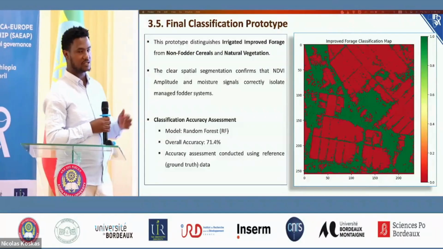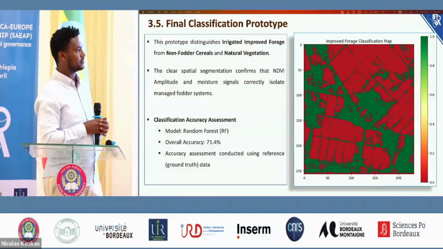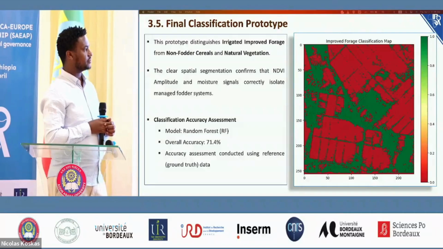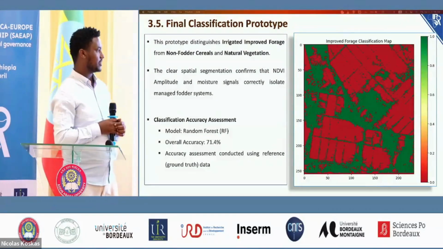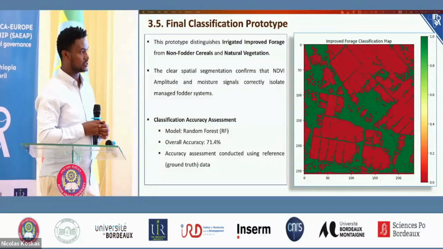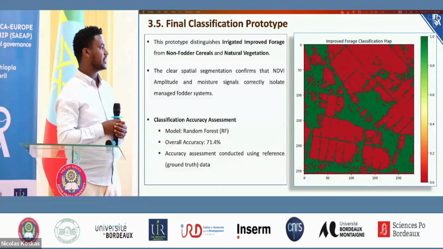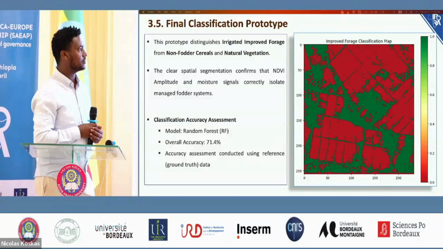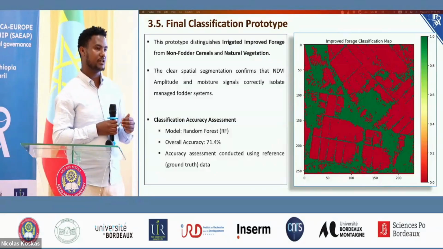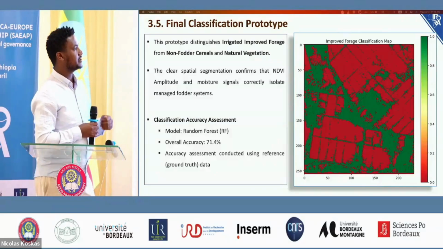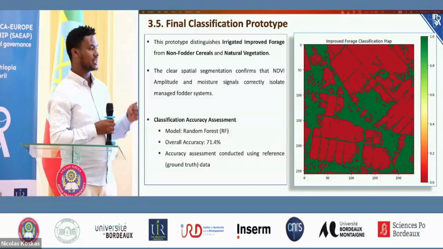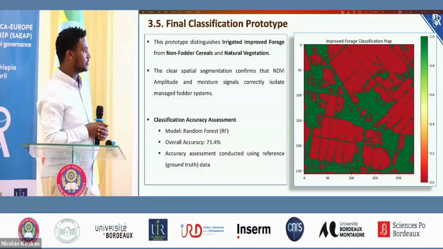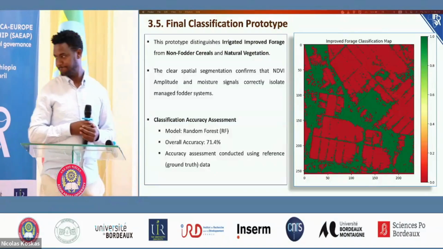We use a binary classification, where the green is fodder and the other is non-fodder, with an overall accuracy of 71%. Currently we are working to improve the accuracy of fodder detection, and we are also planning to make predictions in larger areas of the basin in the future.